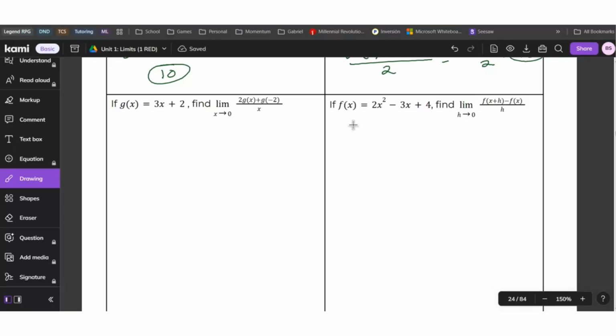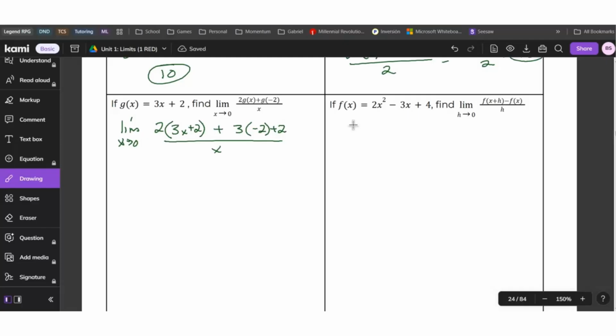So let's actually write out then what this would be. So the limit as x approaches 0 of 2 times, and then copy in what g of x is. So 3x plus 2 plus g of -2. So that's going to be 3 times -2 plus 2, all over x.